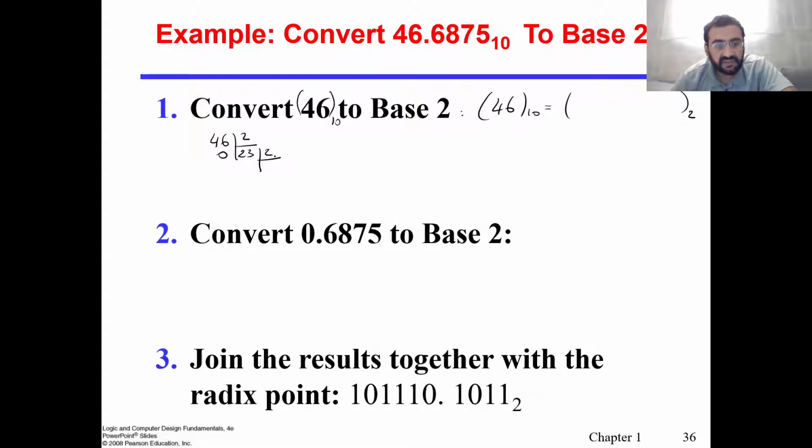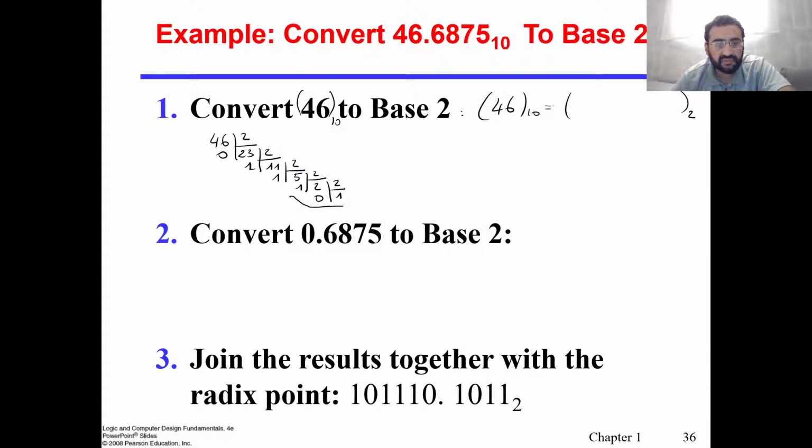So here 23 divided by 2 is 11, and the remainder is 1. Now 11 divided by 2 is 5, the remainder is 1. Divided by 2, this is 2, remainder is 1. 2 divided by 2, this is 1, and the remainder is 0. So here we have to stop because we found an integer that is smaller than the radix, which is 2.